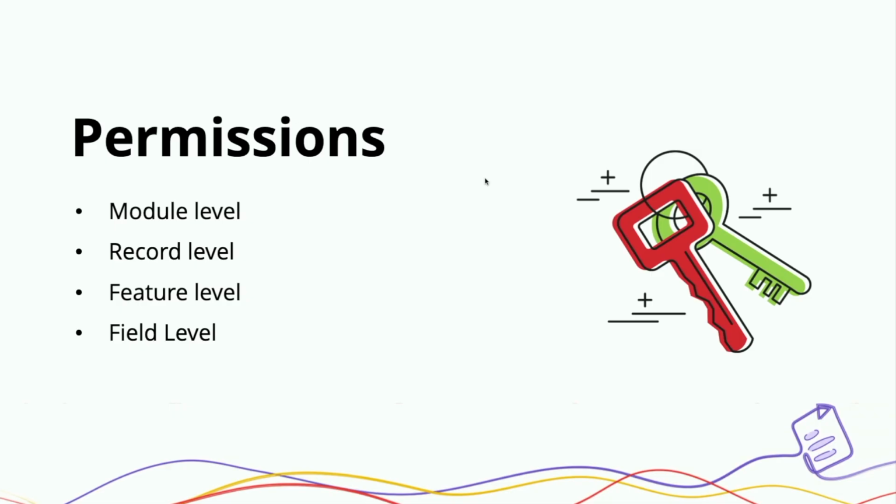Now, when you say module, any form that you create within the application is considered a module. In our application, compliance is a module. Whether a user should have access into that module, a module can have a form, one or more reports based on that specific form. It's combinedly called a module. So whether the user should have access to that specific module, that level of permission you can define.